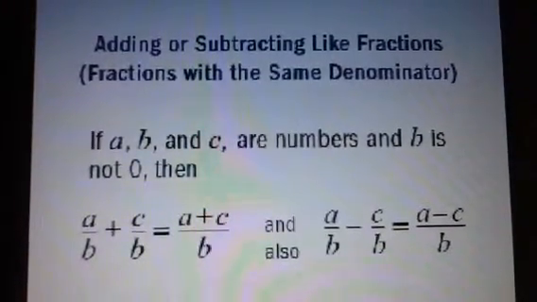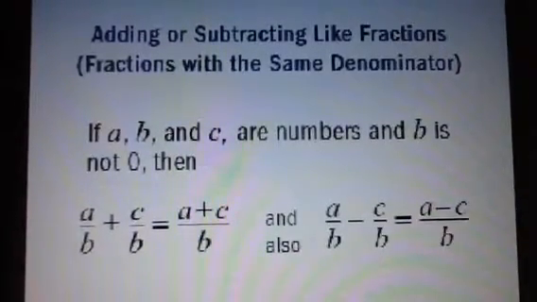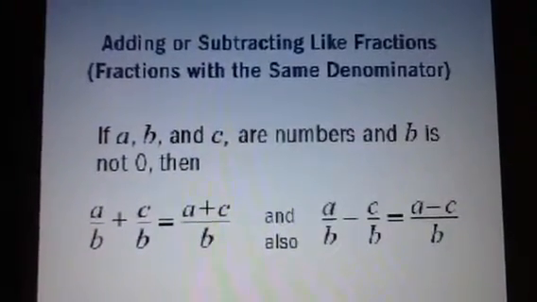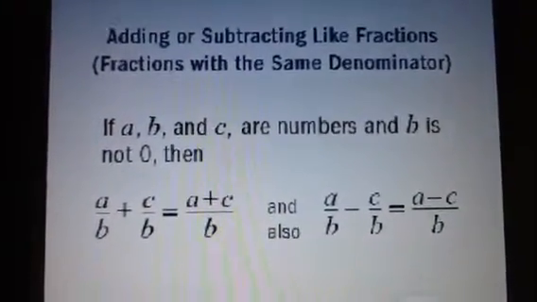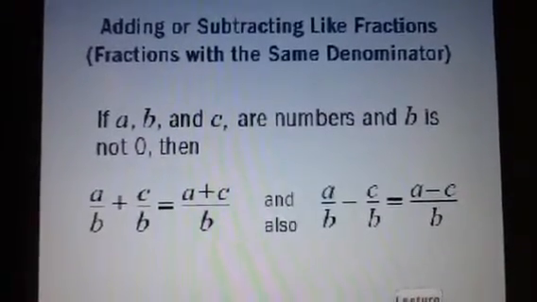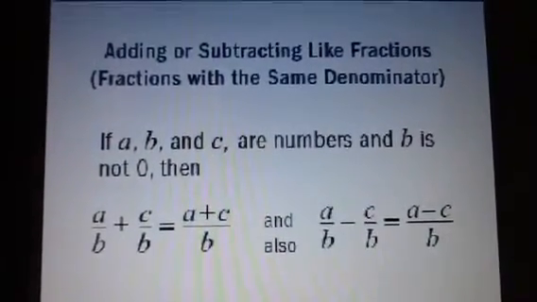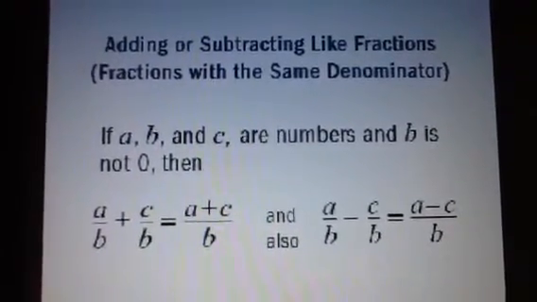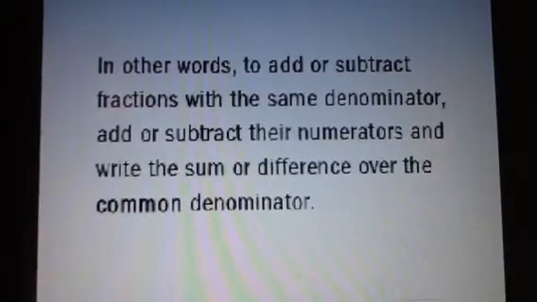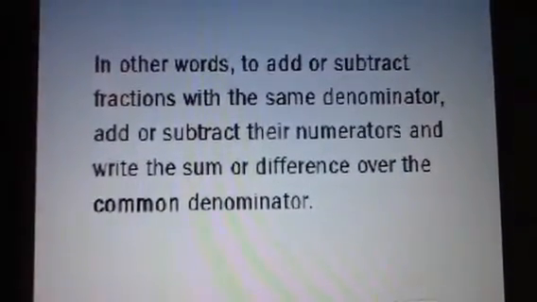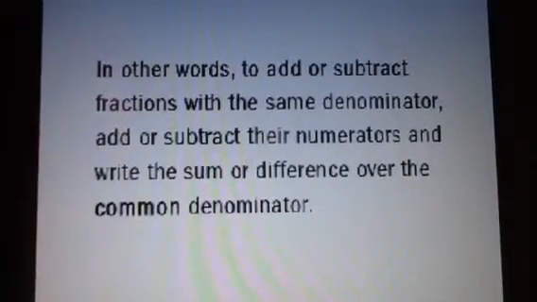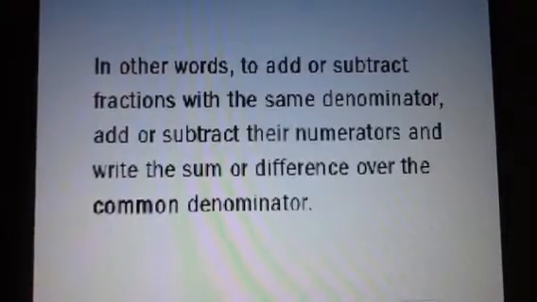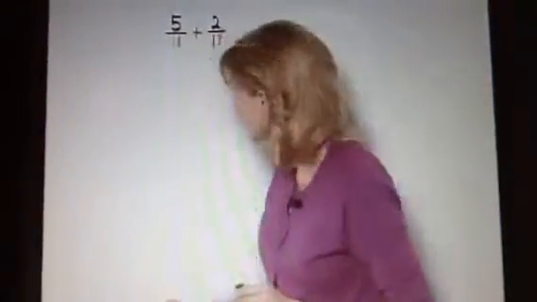If A, B, and C are numbers, and B, notice B is in the denominator, so B is not 0, then A over B plus C over B is equal to A plus C all over B, and also A over B minus C over B is equal to A minus C all over B. In other words, to add or subtract fractions with the same denominator, add or subtract their numerators and write the sum or difference over the common denominator. So let's practice doing that.